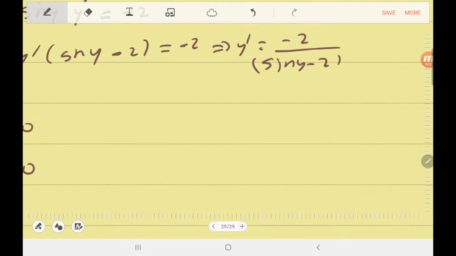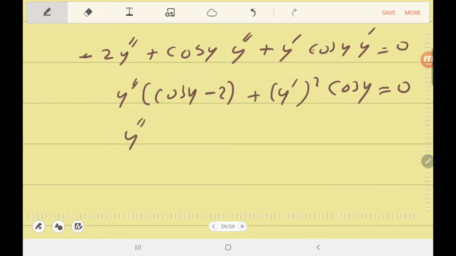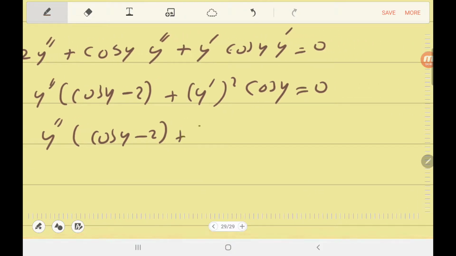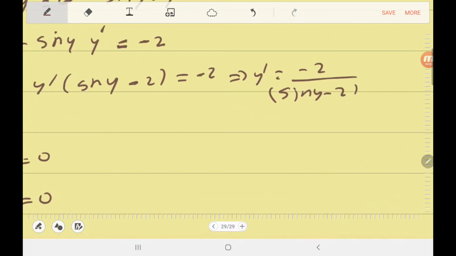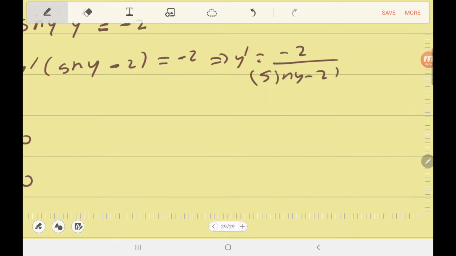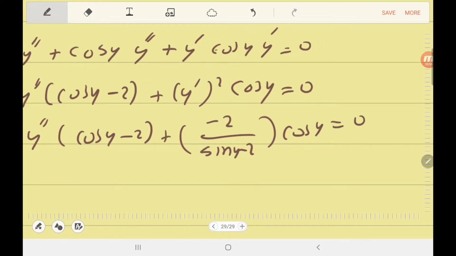So y prime is minus 2 over sine y minus 1, squared, times cosine y equals 0.